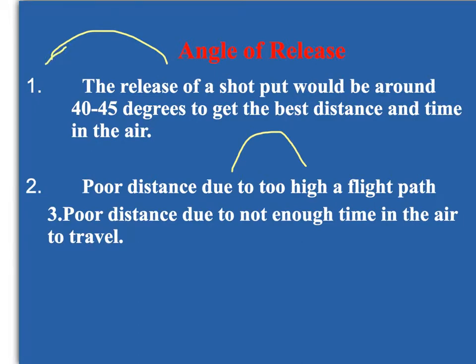So if it's too high, you won't get a good flight path. And if the angle was too low, it wouldn't get enough time in the air. It would just go boom, so you wouldn't win it.